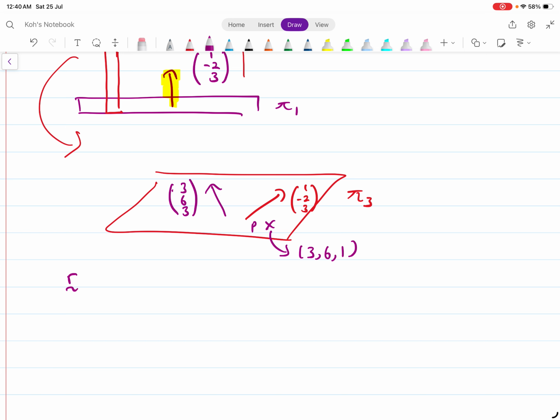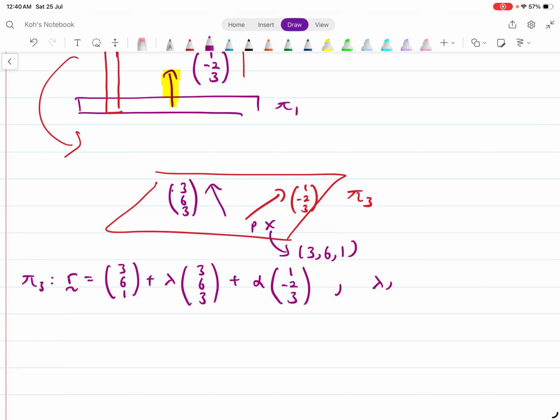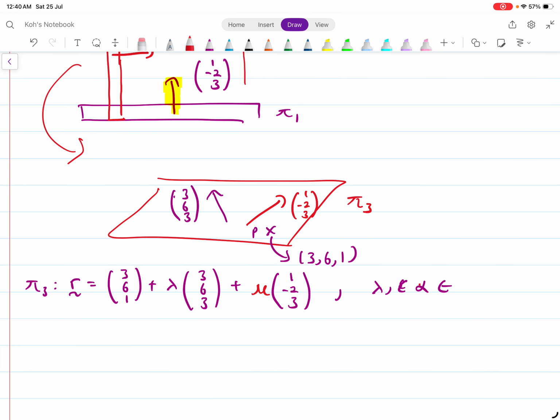So r for plane 3 is r = (3, 6, 1) + lambda (3, 6, 3) + mu (1, -2, 3), where lambda and mu are elements of all real values.